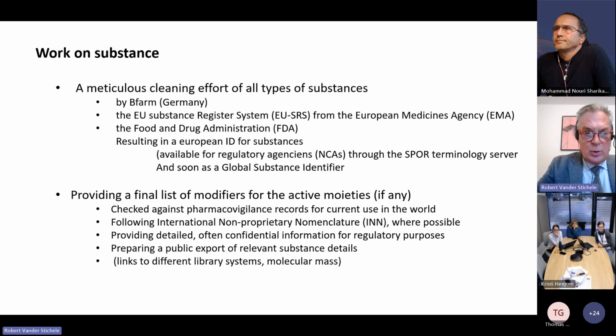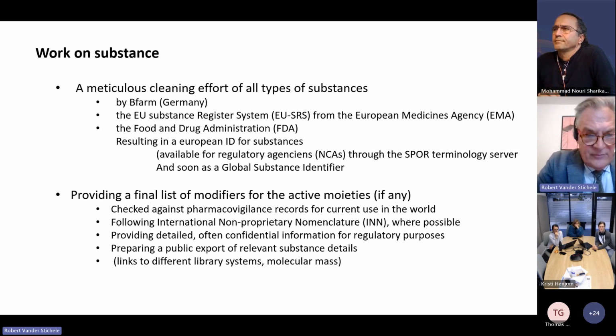A little bit more on the work on substances. This is a meticulous cleaning effort of all types of substances, the chemical ones, the biologicals, the peptides.